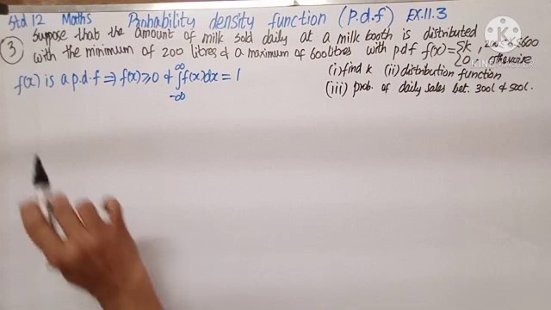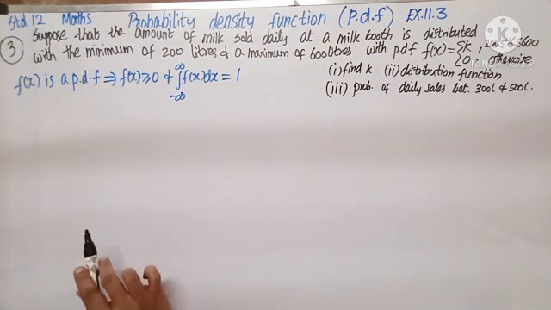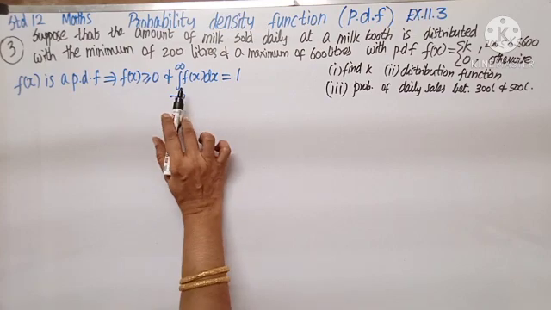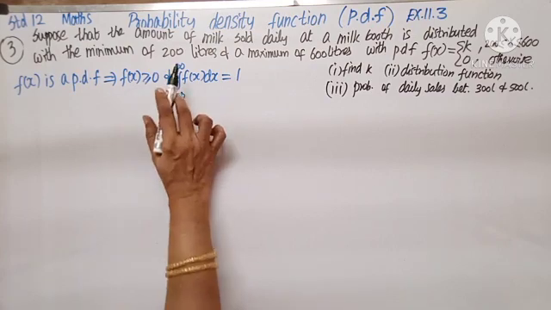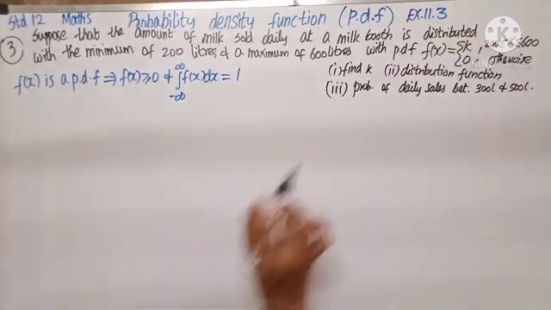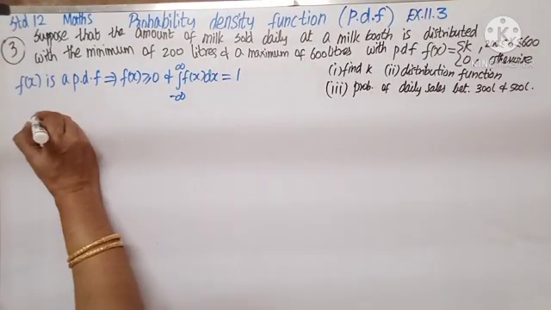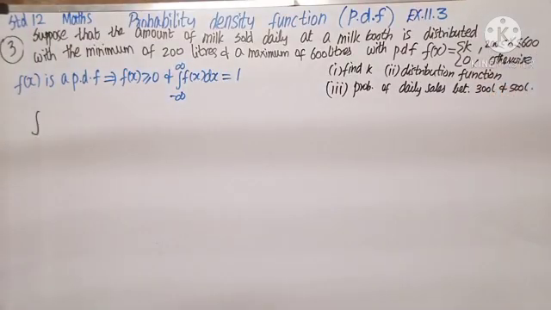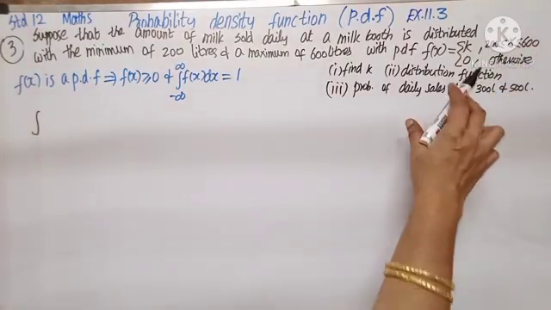Given f of x is a PDF, we know f of x is greater than or equal to 0 and integral minus infinity to infinity f of x dx equals 1. Here, the question is from 200 to 600 only. The remaining places it is 0.